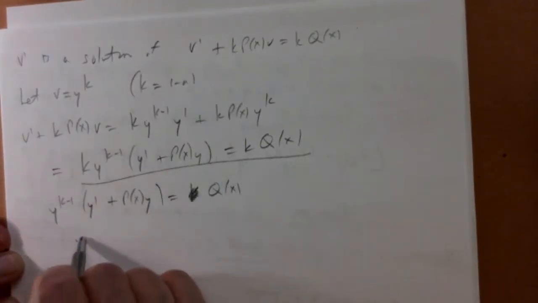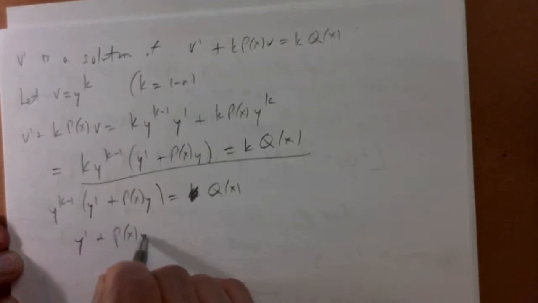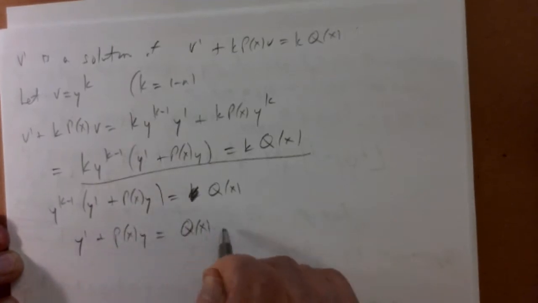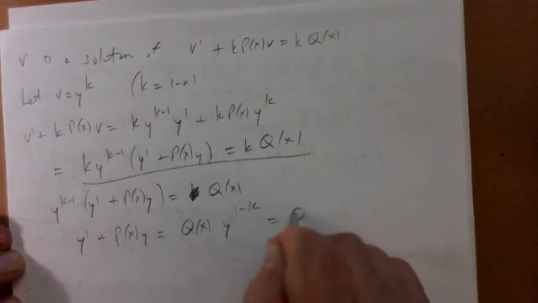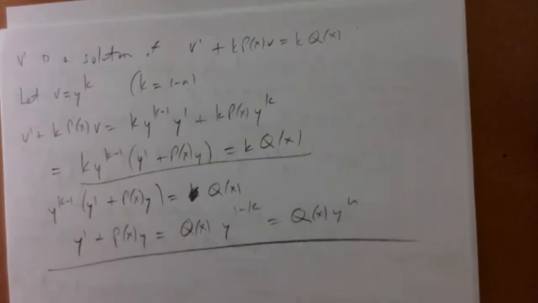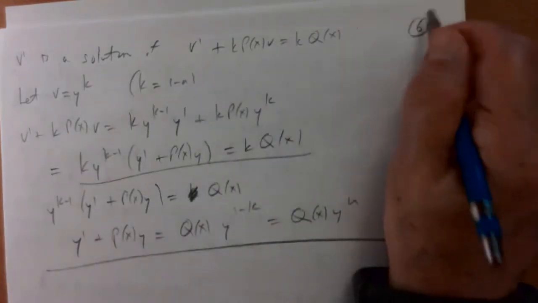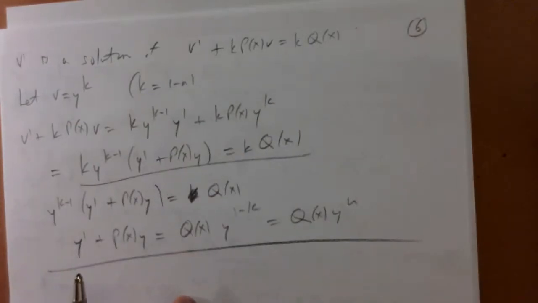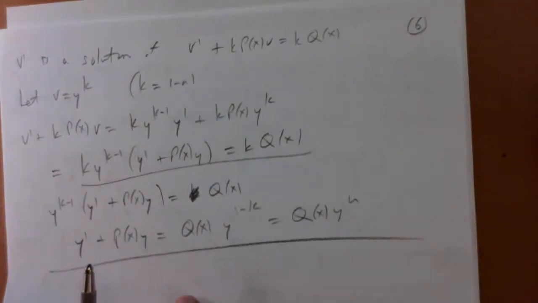Bring this to the other side, y prime plus p of x y is q of x y to the 1 minus k, which is q of x y to the n. So that's the proof. You can reduce every nonlinear Bernoulli equation to a linear equation. And that's problem 13. And problem 14 is an example.